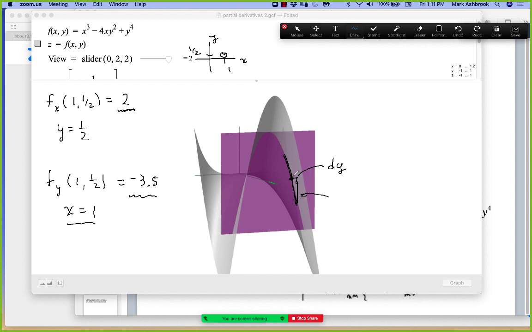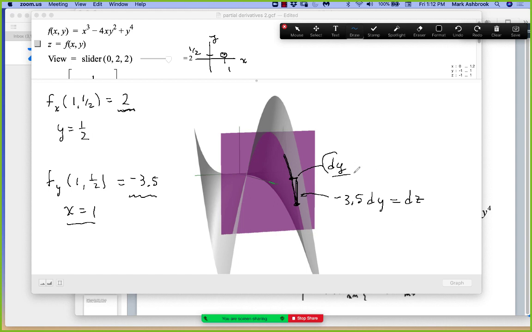Okay, so that's dy, that little increase in y right there. And then as a result, z goes down. We end up there. Negative 3.5 times dy is the change in z that we get. So a decrease of 3.5 times as much as the increase in y that we pick.